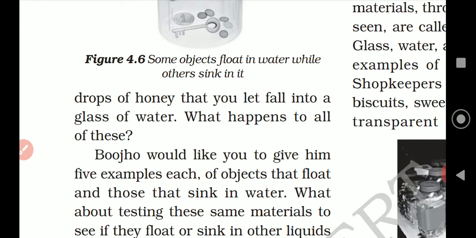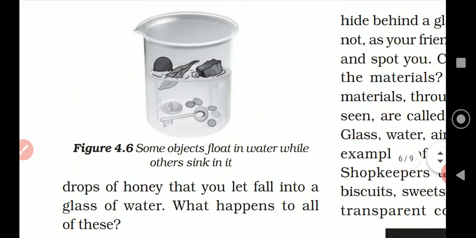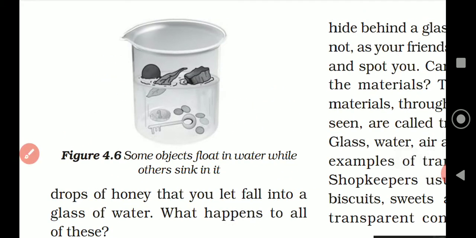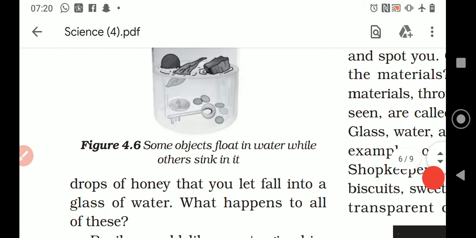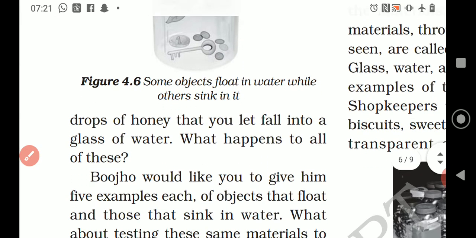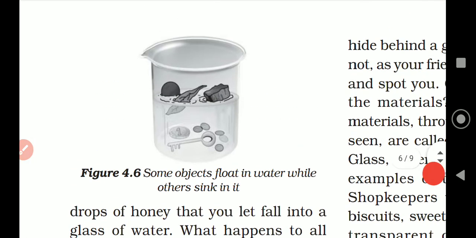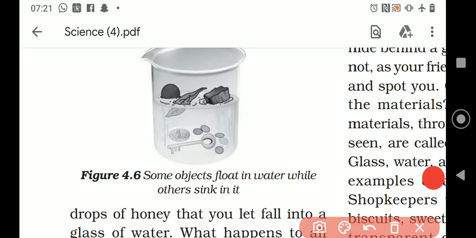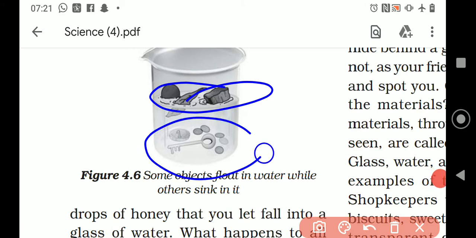A few drops of honey that you let fall into a glass of water. What happens to all of these? Yeah, here you can see in the activity figure 4.6, a lot of objects are there in the water. Can you see? There are, I think, an eraser, leaves, a ball, then keys, coins. All these objects are put into the water, and then they see that some of them are floating, right, and some have sunk.